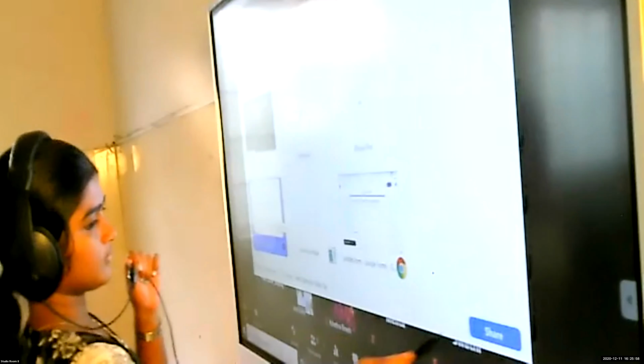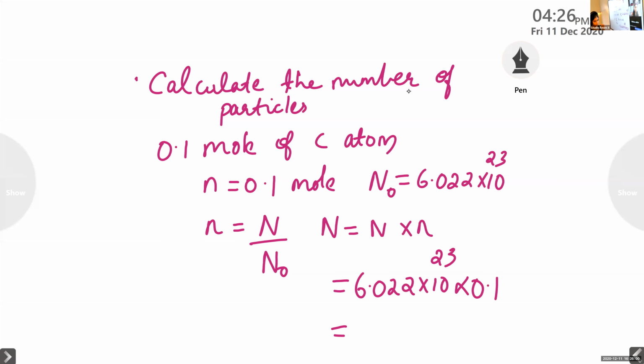Okay. So all of you study page number 14 to 18 for the next class. Chapter 2, page number 14 to 18.